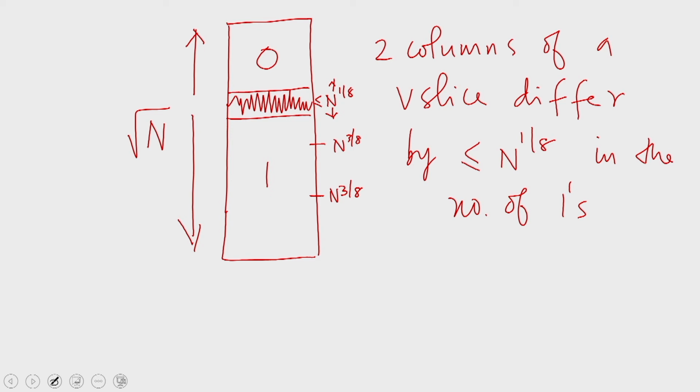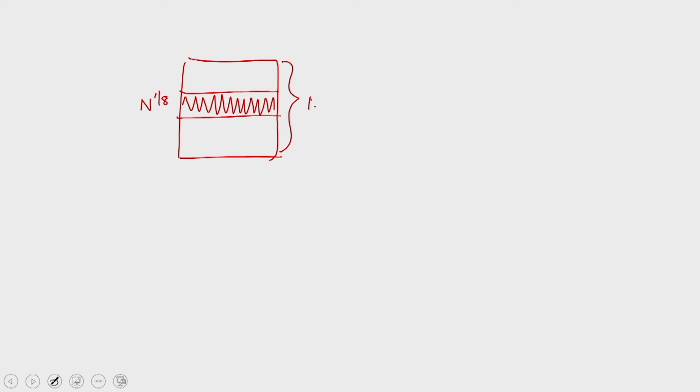The dirty band could be within one single block, because the height of the dirty band is at most n power 1/8, whereas the block height is n power 3/8.